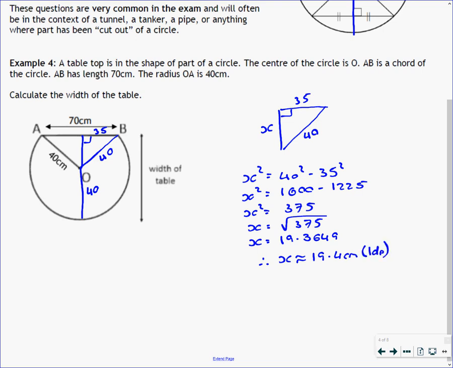So what we now want to do, because we know that this bit from here to here is now 19.4, and we know from here to here that's the radius of 40, we just add them together, so it's 19.4 plus 40, which will give us 59.4 centimetres, which is the width of the table. Okay?